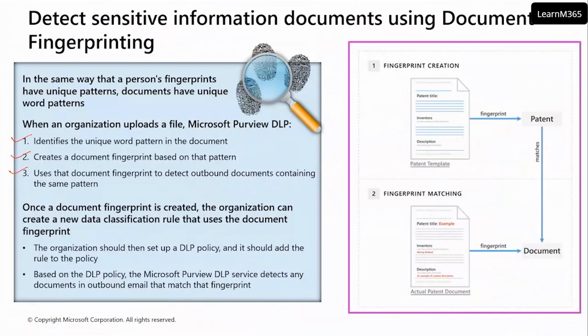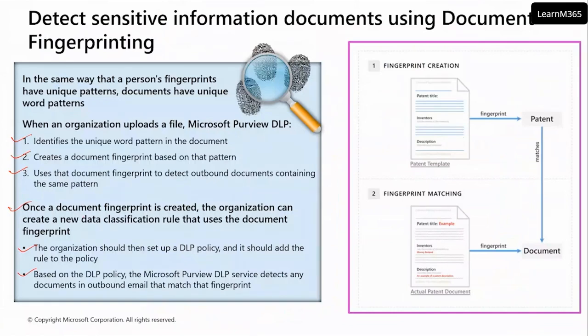Once a document fingerprint is created, the organization can create a new data classification rule that uses the document fingerprinting, and the organization should then set up a DLP policy, and it should add the rule to that policy. Based on the DLP policy, the Microsoft Purview DLP service detects any documents in outbound email that match that fingerprint.